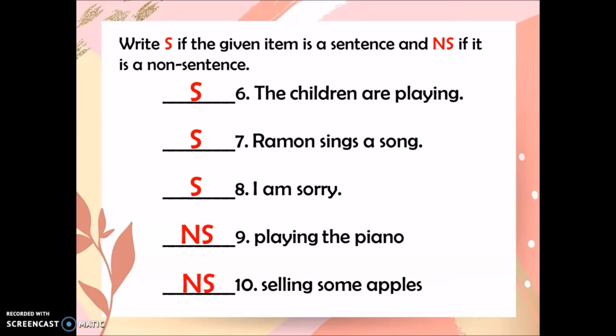Just always remember, children, that if it is a sentence, it starts with a capital letter, and it ends with a punctuation mark. It may be a period, a question mark, or exclamation point. And it also has a subject and predicate, and it expresses a complete idea or complete thought.